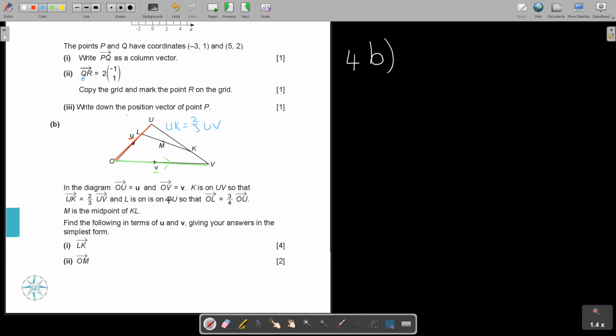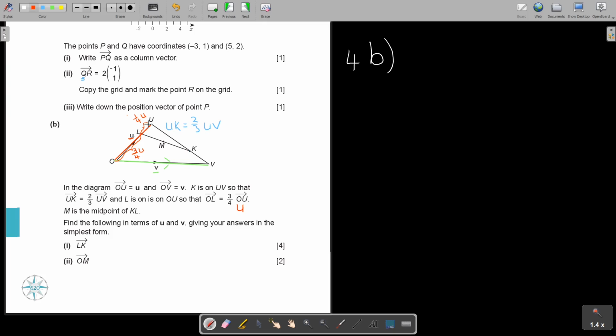And L is on OU, so that OL is 3/4 of OU. But what is OU? That's U. So it means that this little part there is 3/4 of U. And then what will this little part here be? If this is 3/4, 1 minus 3/4, that will be 1/4 U. Do you agree? Okay, because it must add up to 1.